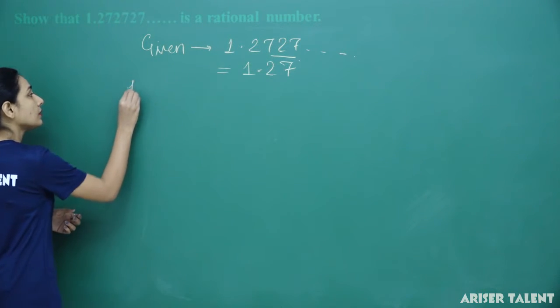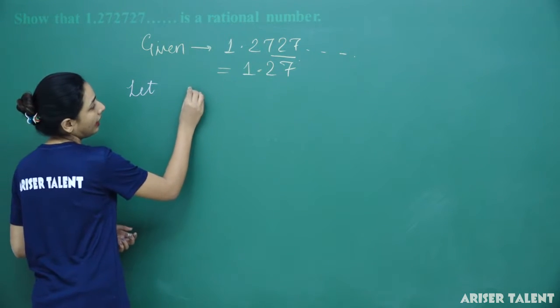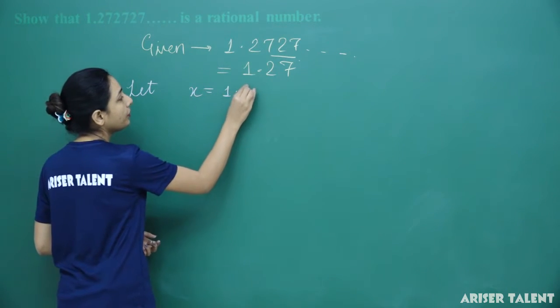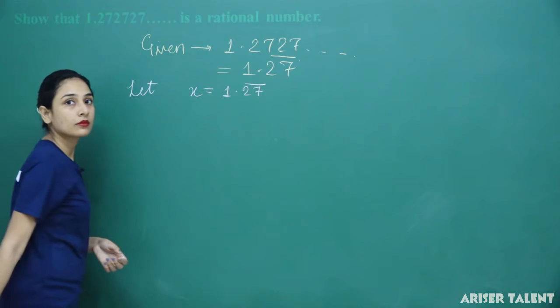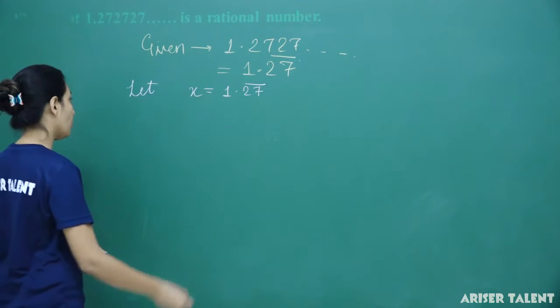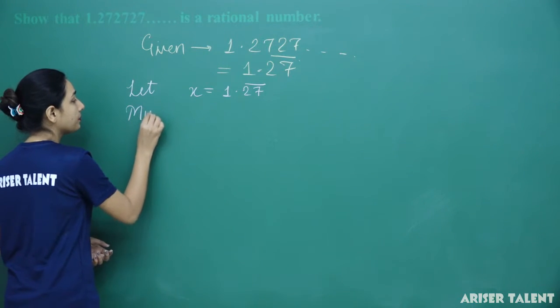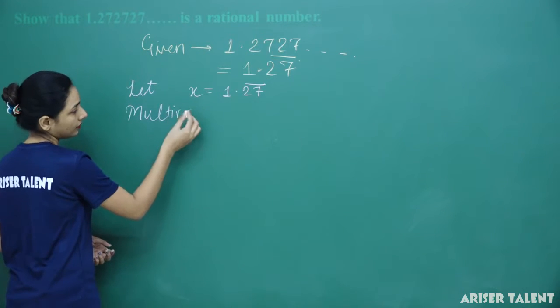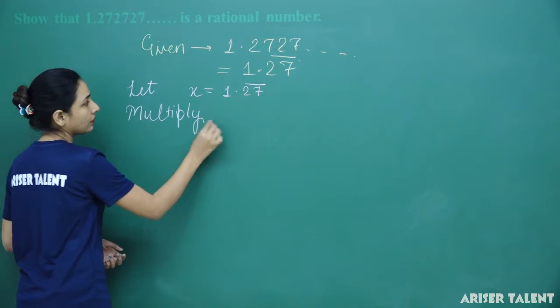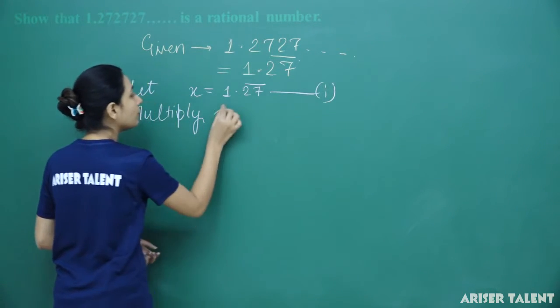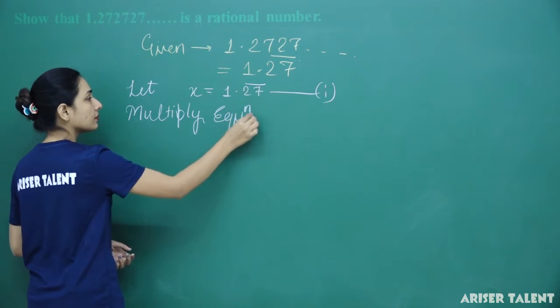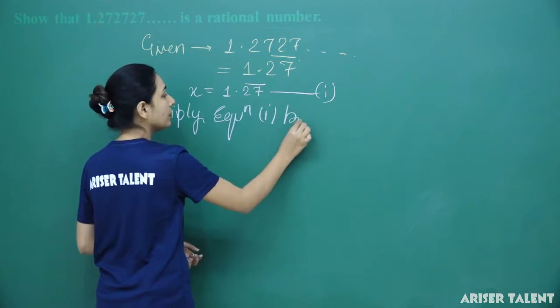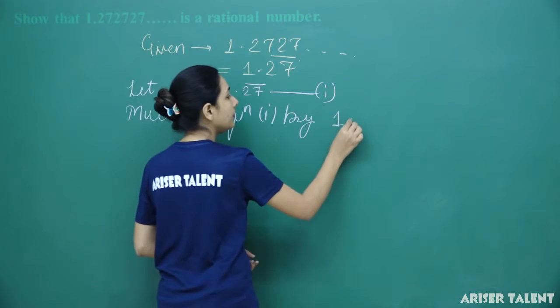So let x equal 1.27 bar, okay. Now multiply equation 1 by 100.